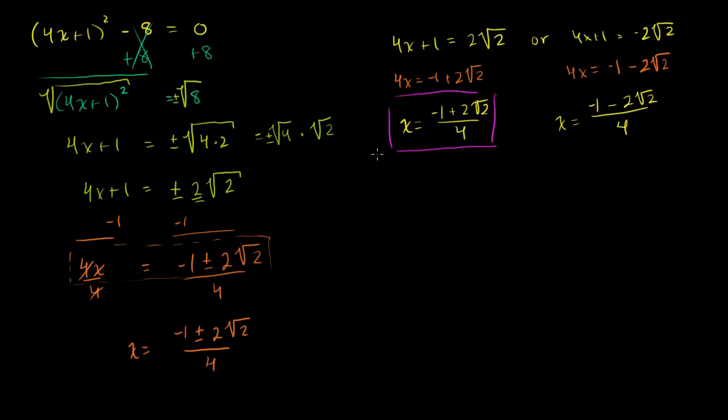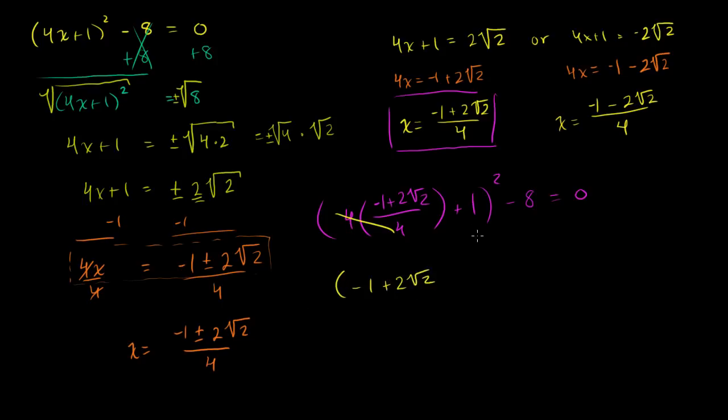So let's substitute it back in. 4 times x, well, 4 times (negative 1 plus 2 root 2) over 4, plus 1, squared minus 8 is equal to 0. Now, these 4's cancel out. So you're left with negative 1 plus 2 roots 2 plus 1, squared, minus 8 is equal to 0.